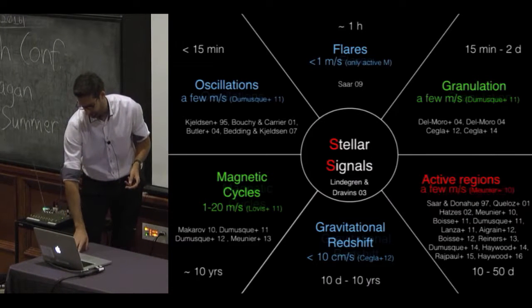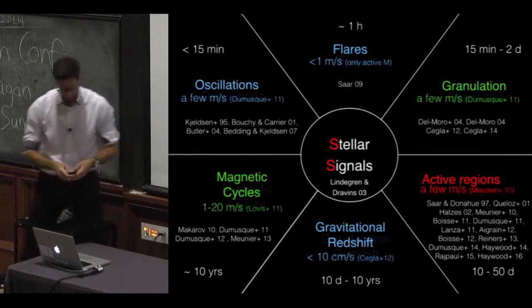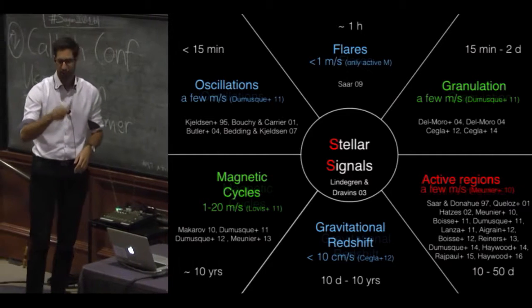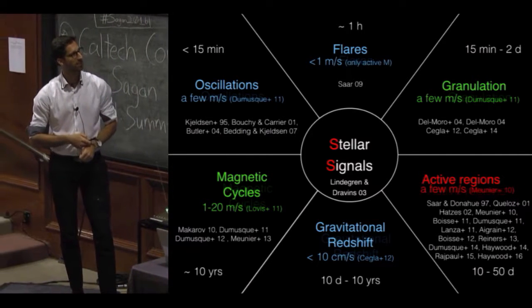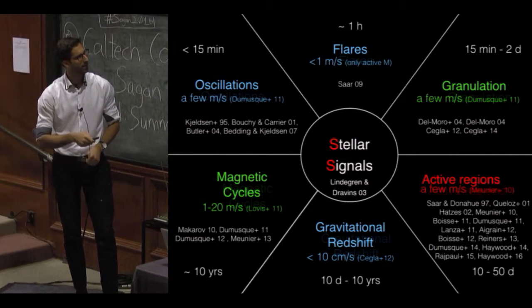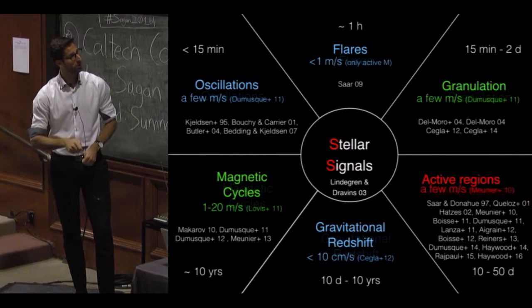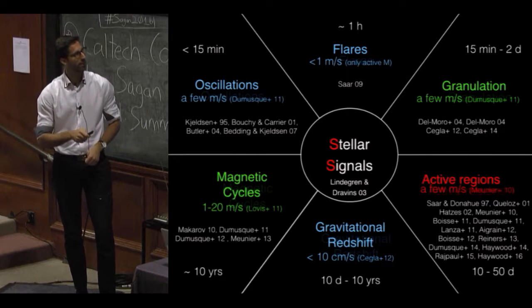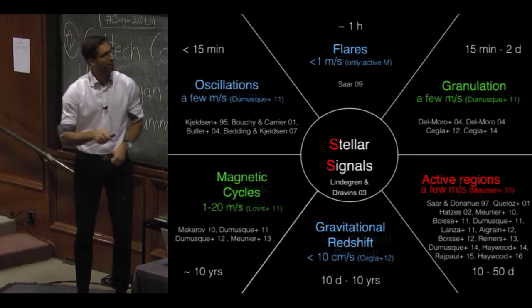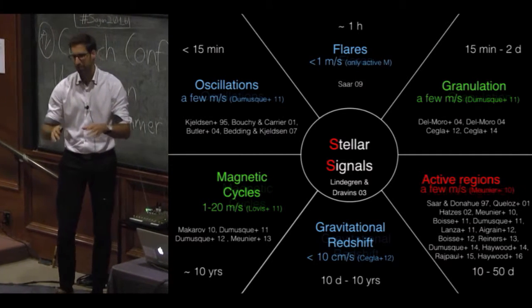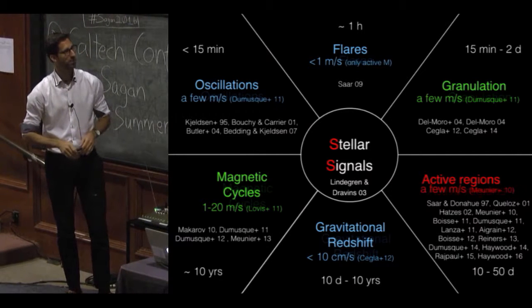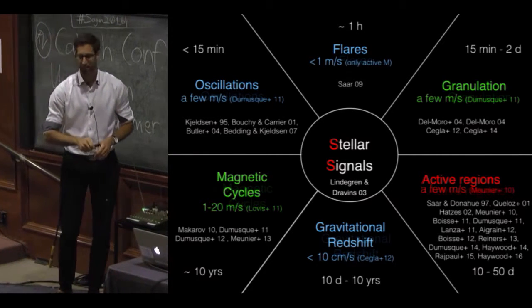But this is another question. So yeah, we really have all these different types of stellar signals that affect radial velocity measurement. For the blue ones here, this is not too much of a problem. For the green ones, we have a few techniques already. It's really not perfect. I'm sure we can do better than that. But really, the big problem is active regions here.